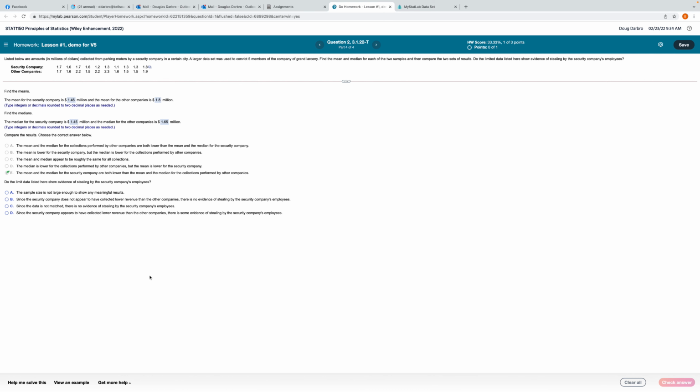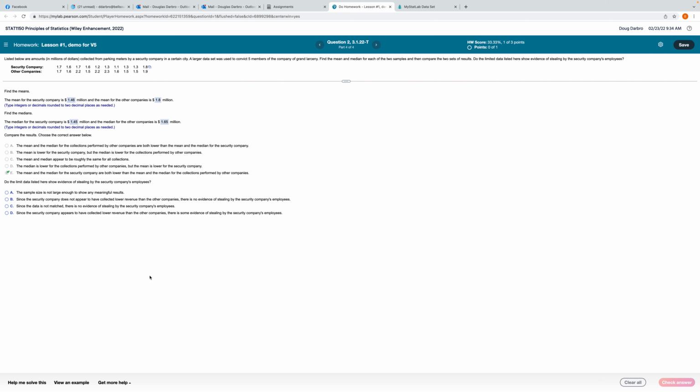Do the limit data listed here show evidence of stealing by the security company's employees? Sample size is not large enough. I don't think that's the case. Since the data is not matched, that's not really relevant.